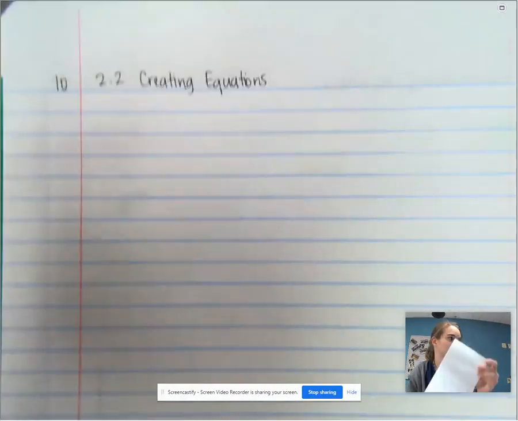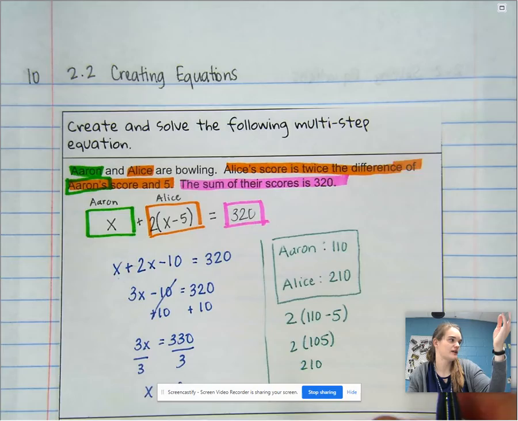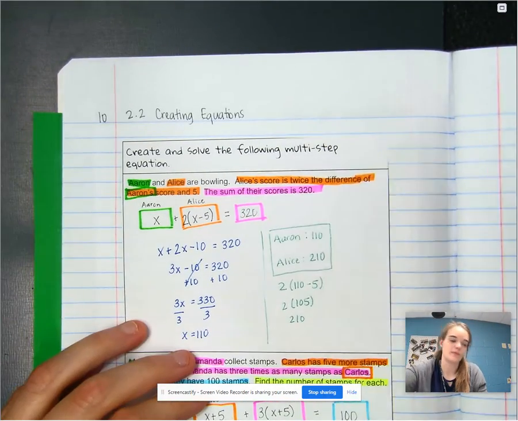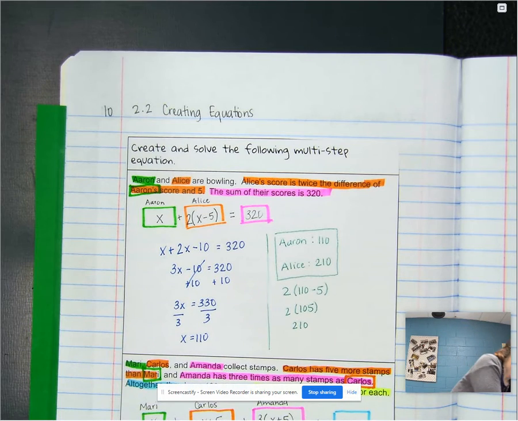So go ahead and take this and glue it in. Yes, it will not take up the whole page. That's fine. I know it doesn't take up the whole page. Go ahead and glue that on page 10. I've got to find my glue stick that I don't have out yet.